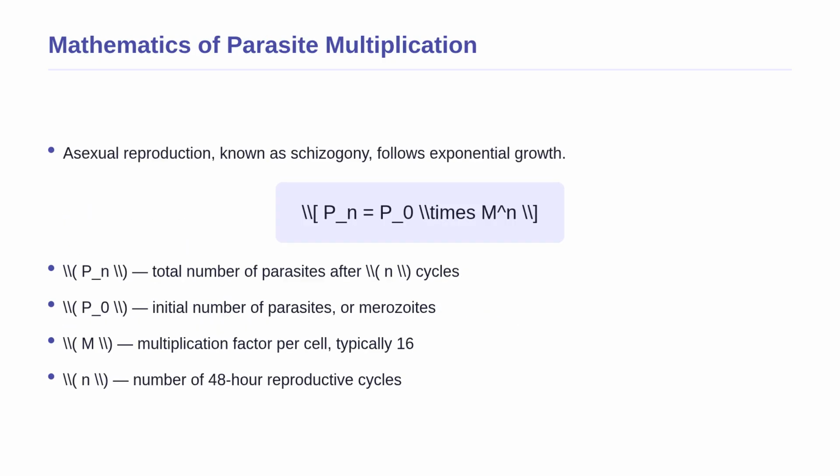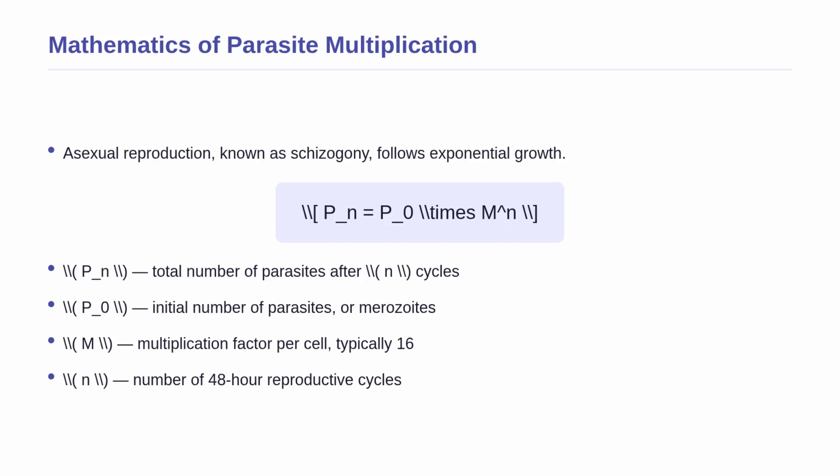This biological multiplication leads us to an important mathematical model. When the parasite enters the red blood cells, it does not just add to its numbers. It multiplies exponentially through a process called schizogony. The formula Pn equals P0 times m to the power of n describes this explosive growth.